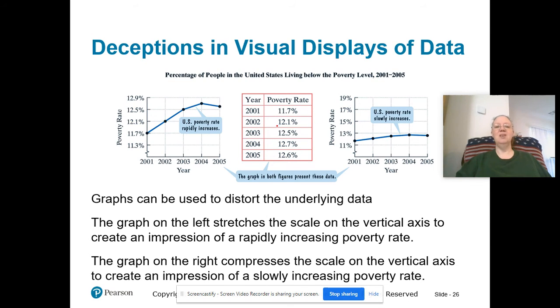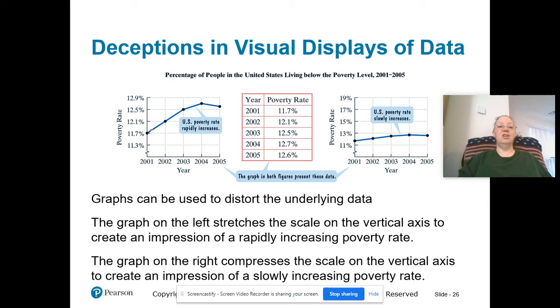Okay. If my goal was to show a huge increase in poverty, then I might create a graph that looks like this. So notice I go 0.4% between my vertical hash marks here.